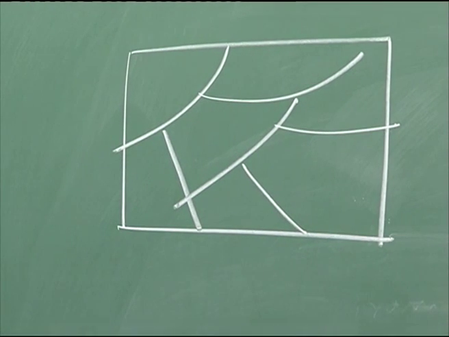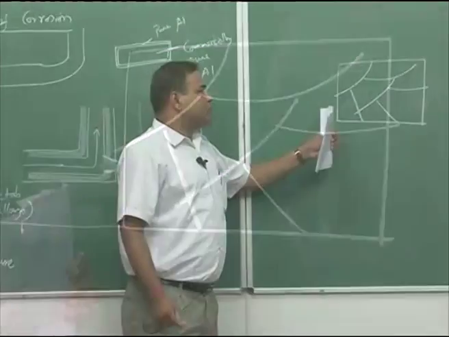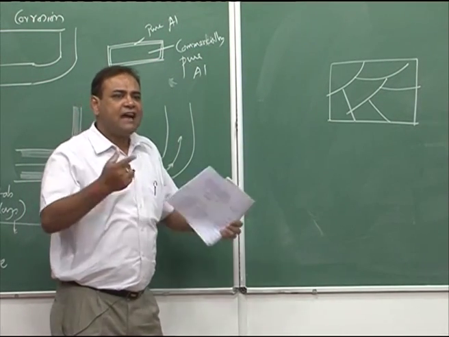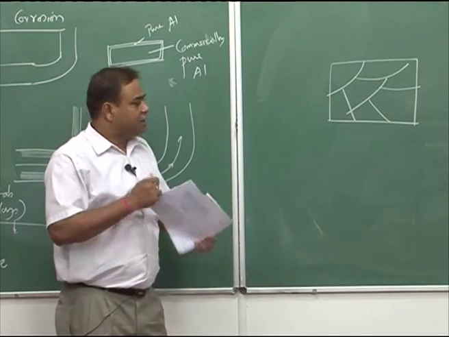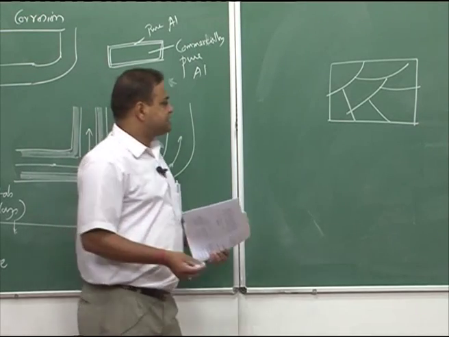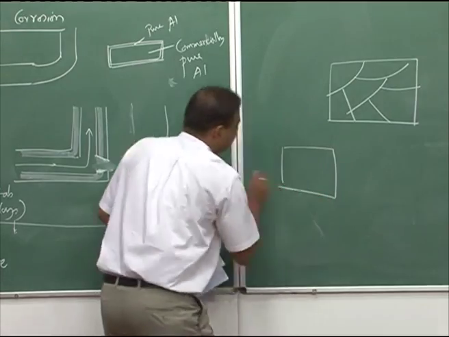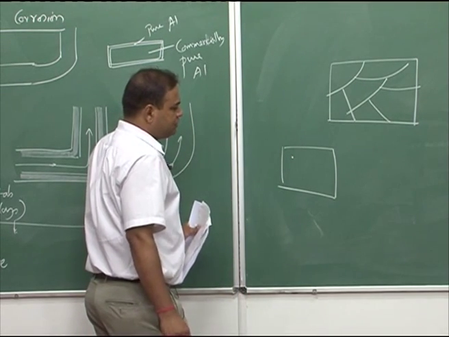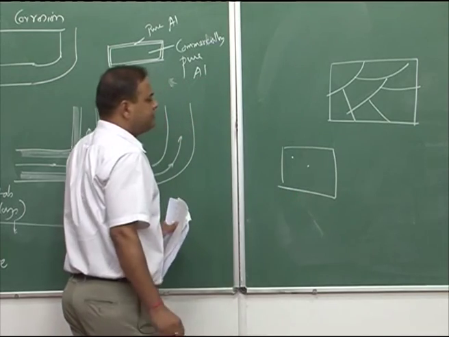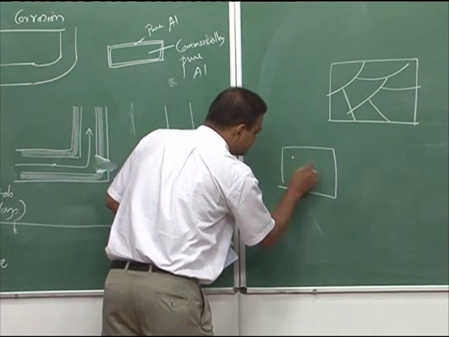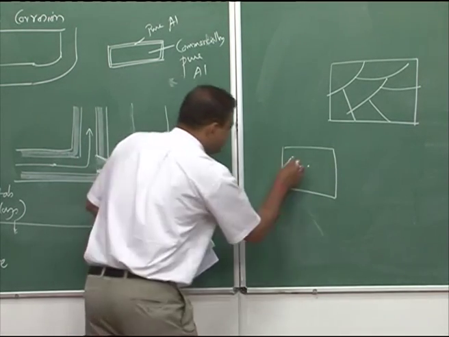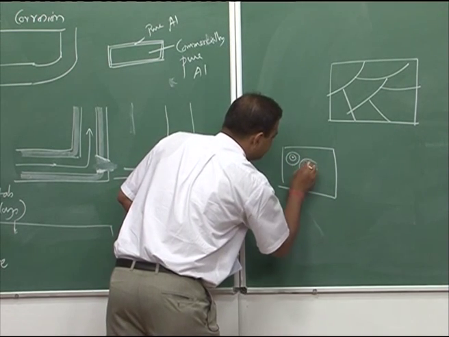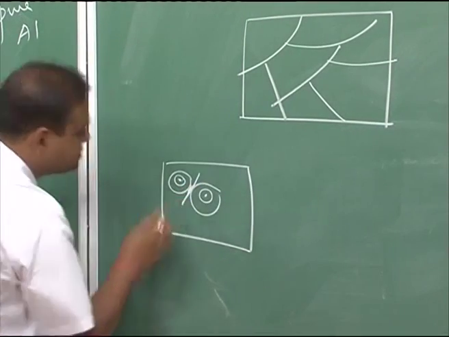So, during formation, generally a small tiny crystal forms during nucleation, and that crystal grows and grows gradually. Let us say we have a melt, a small nucleus has formed, and there is one more nucleus, and this is a small crystal, and this crystal is gradually growing, and finally there is impingement.